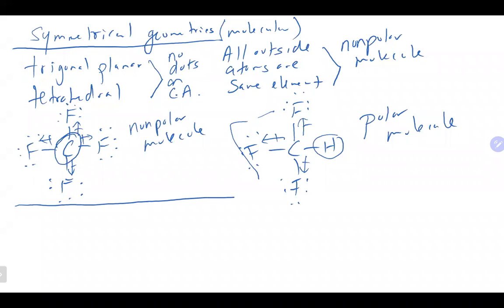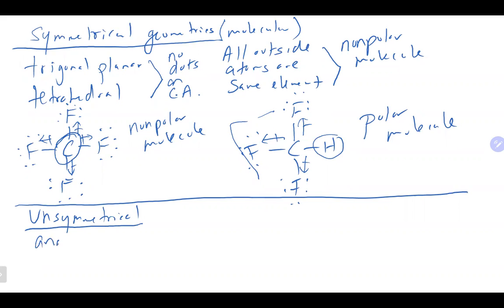That leaves us some unsymmetrical geometries, which for our cases here is our angular, it's our trigonal pyramid, and it is our bent, our V-shaped.